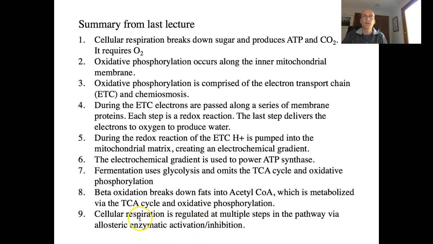And cellular respiration is regulated at multiple steps in the pathway via allosteric enzymatic activation or inhibition. So these last three steps are very different, but the first six steps, you should take the time after this lecture, go back and see how cellular respiration and photosynthesis are similar and where they are different from each other.